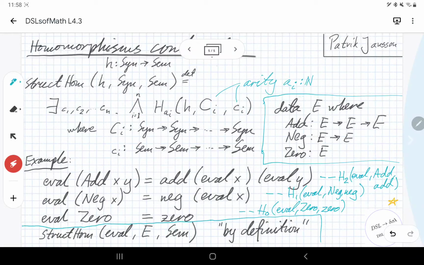So we have to prove that for all constructor semantic functions, and then negate the AND here. Negating the AND becomes an OR between not homomorphic. So it's enough to show that for all possible functions C1 to Cn, one of them does not satisfy its part of the deal.